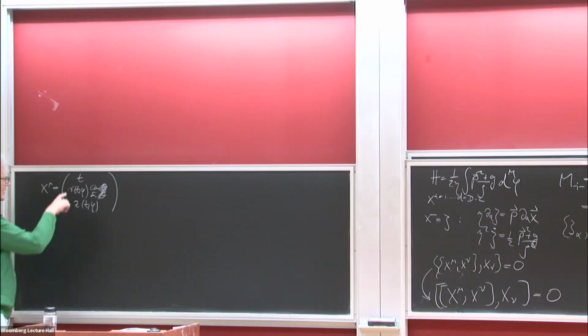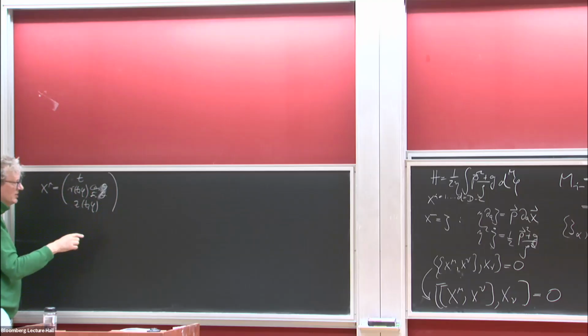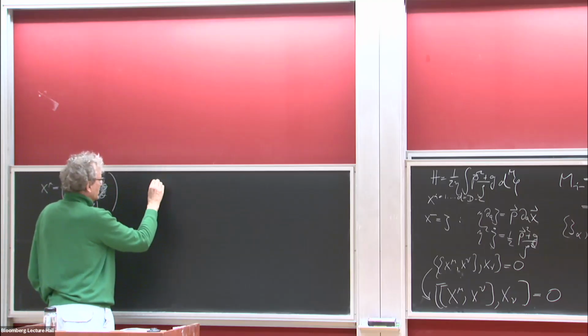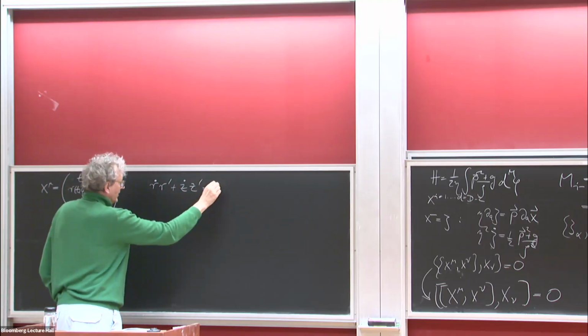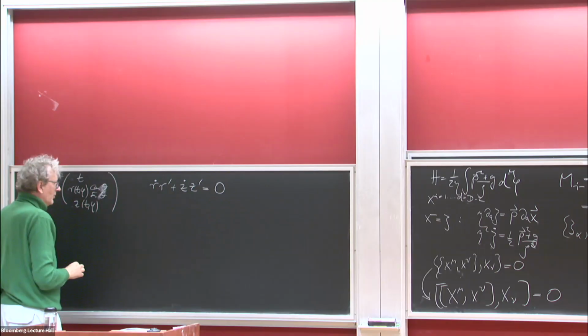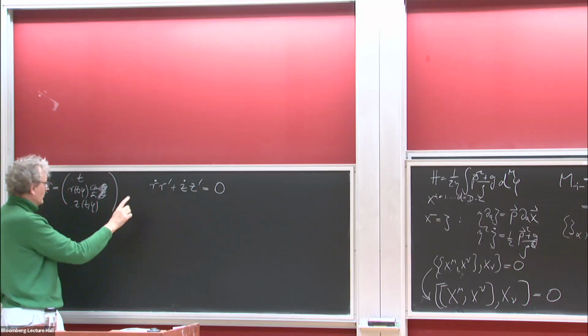So, if I discuss this and choose some clever gauges, all I have to solve are these two equations: R dot R prime plus Z dot Z prime equals zero, and R dot squared plus Z dot squared plus R squared times (R prime squared plus Z prime squared) equals 1. So apart from my sinusitis, which I hope will go away, I'm happy if I can solve this problem.